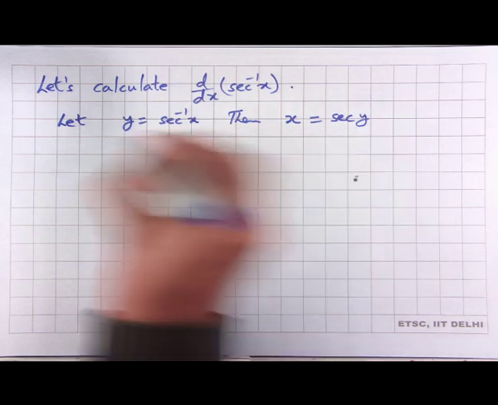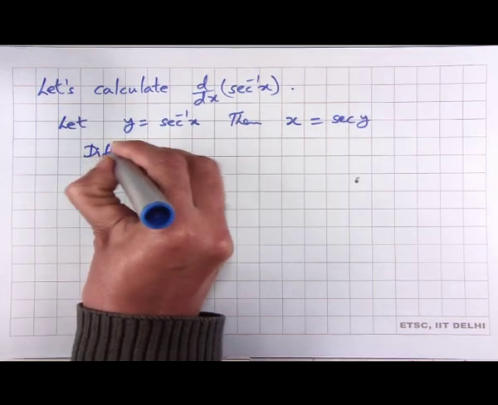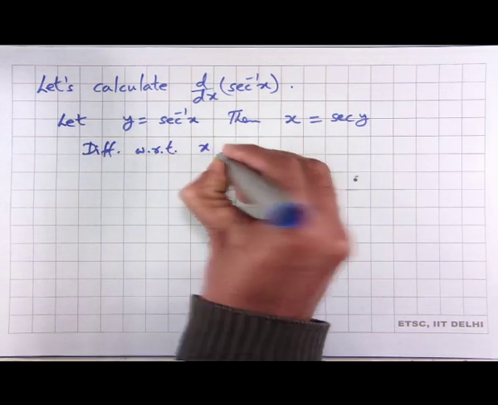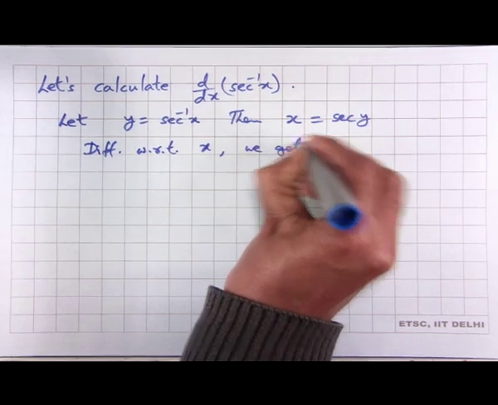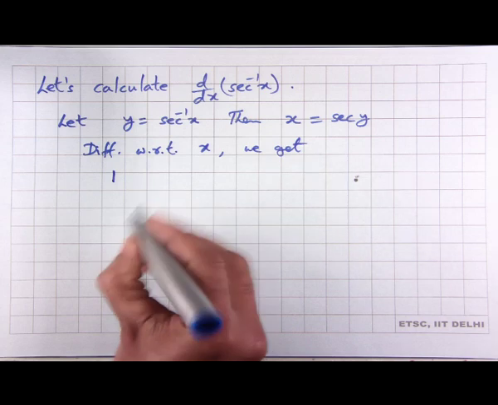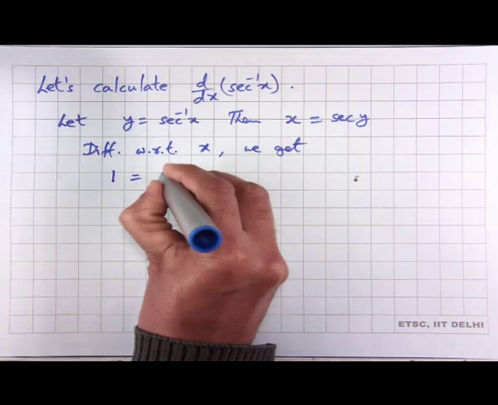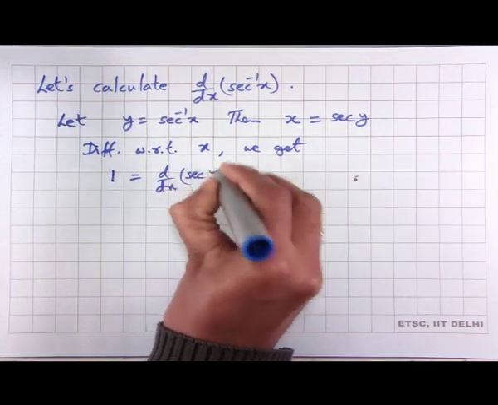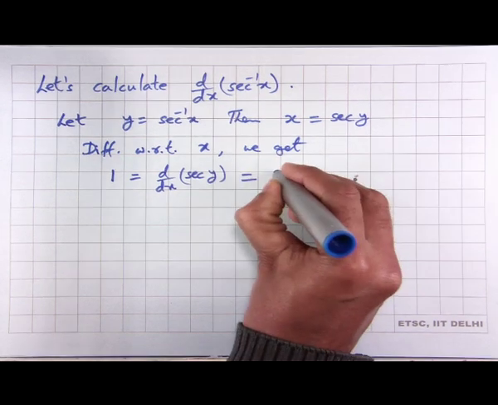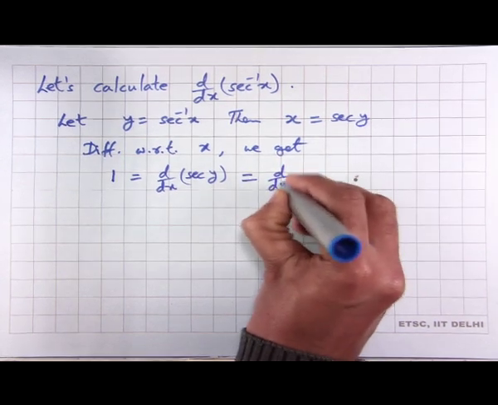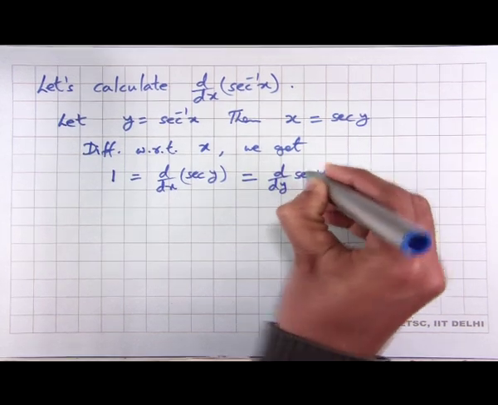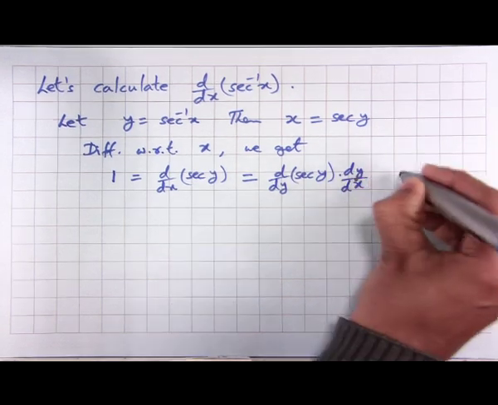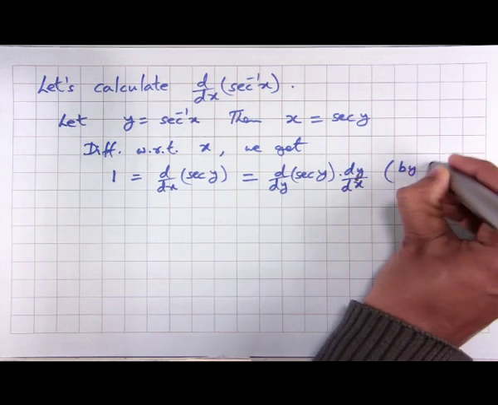So, if I differentiate with respect to x, we get on the left hand side the derivative of x, which is 1, is equal to d by dx of secant of y, and by chain rule this is equal to d by dy of secant y times dy by dx. This is by chain rule.